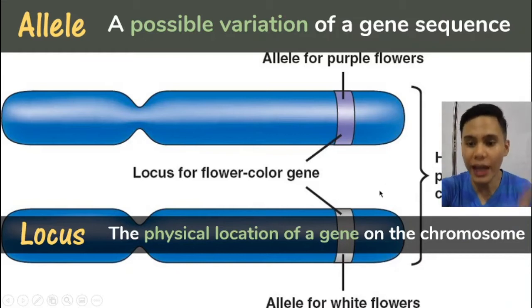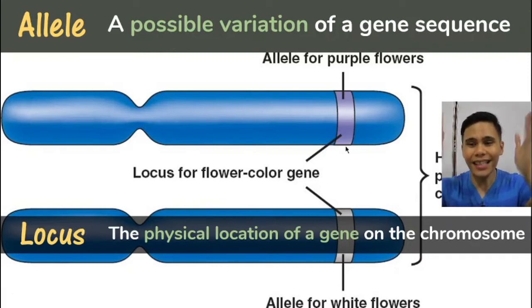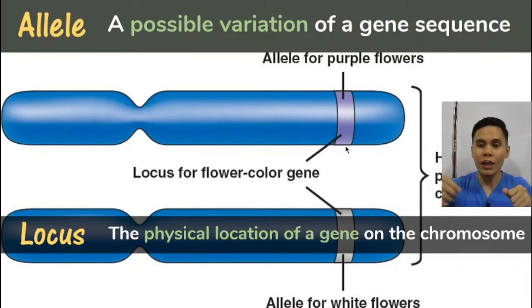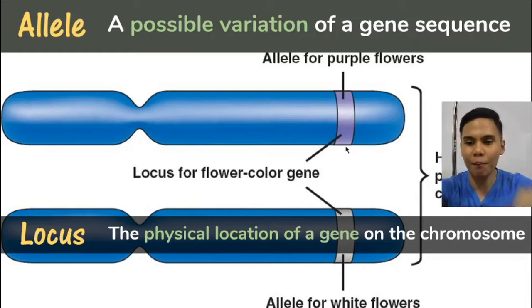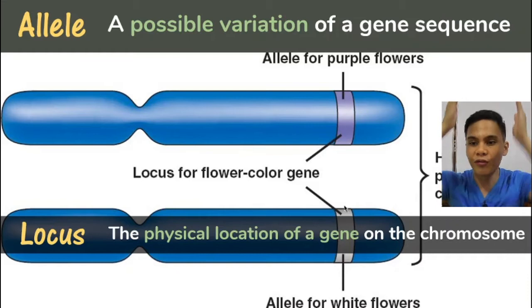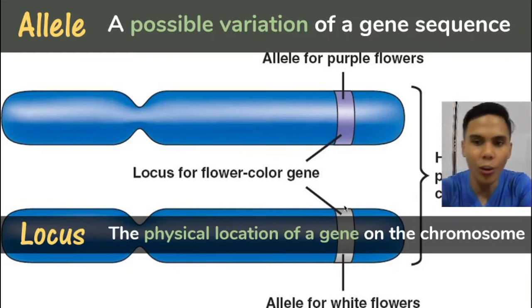The physical location of a gene on the chromosome is called its locus. For any one gene, it's always located in the same place in a chromosome, even from different people. So if you compare their chromosomes, it should be around the same place, like in this diagram here. This chromosome has that particular gene there, and this chromosome has that particular gene in the same physical space. So that's called the locus.